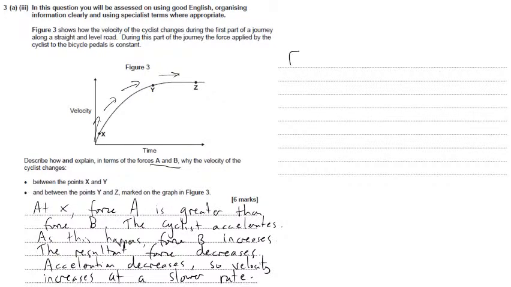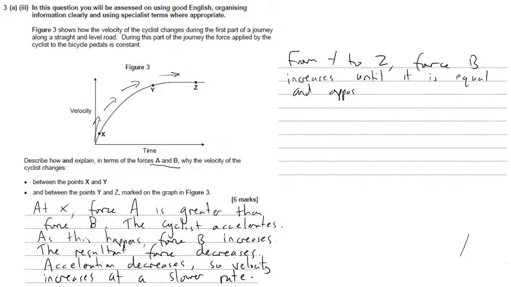So from Y to Z, force B increases until it is equal and opposite to force A. Acceleration decreases to zero.